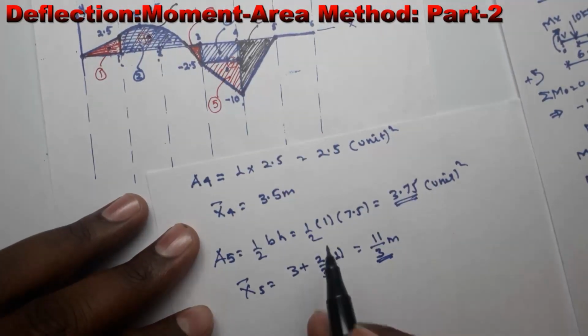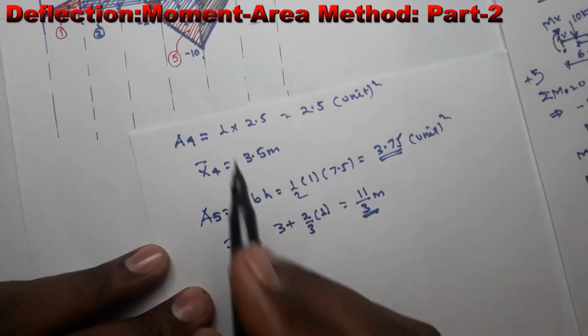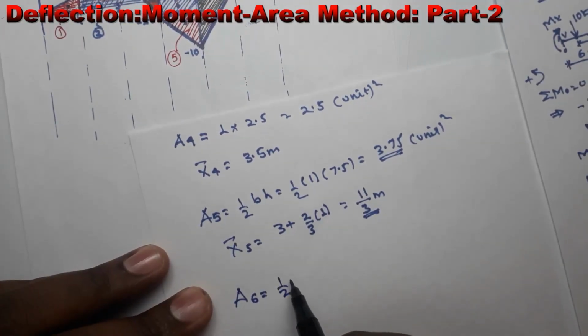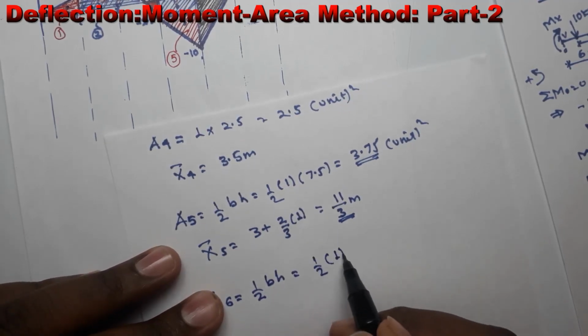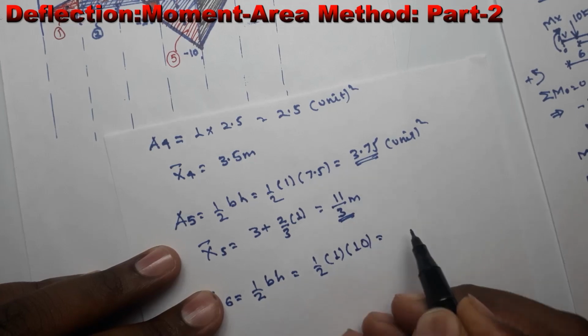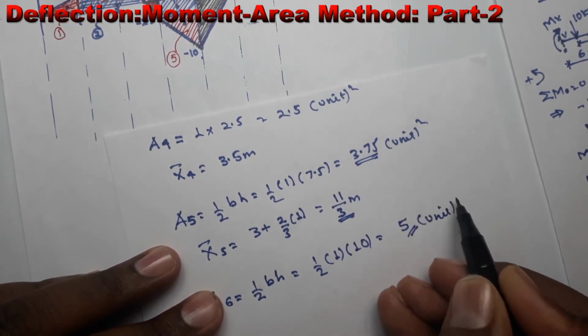So for area 6, it's again a triangle. 1/2 times base times height: the base is 1, the height is 10, so it is 5 unit square.